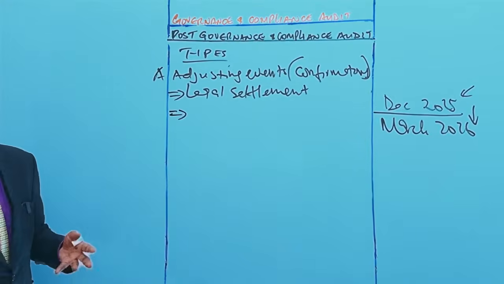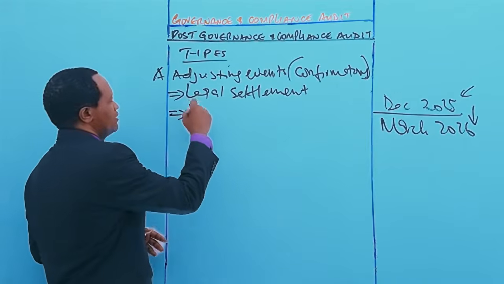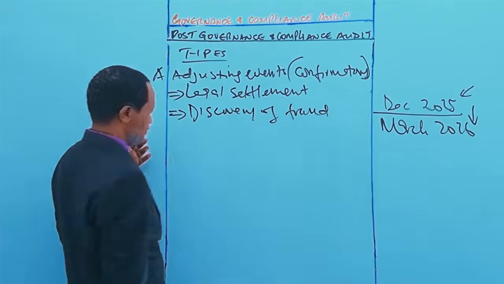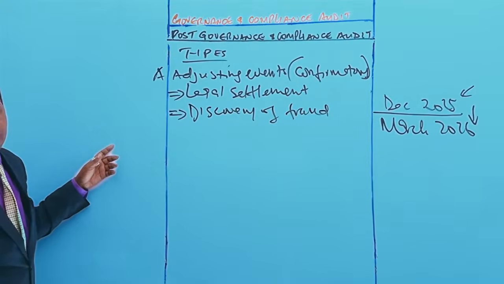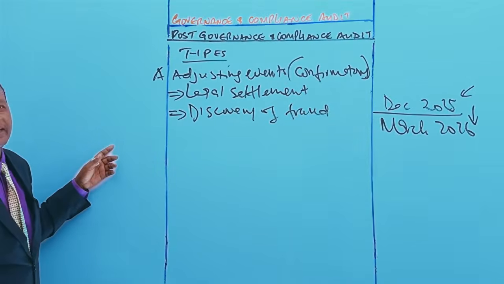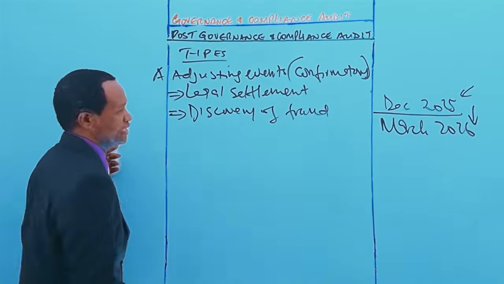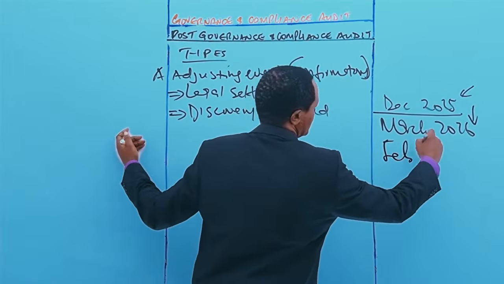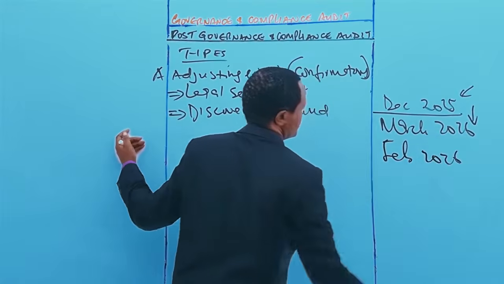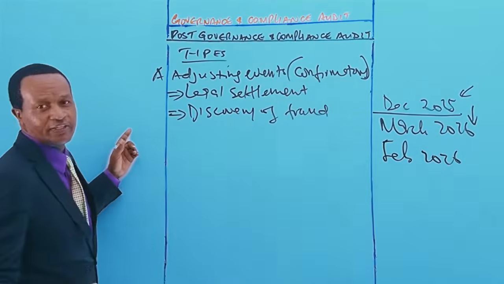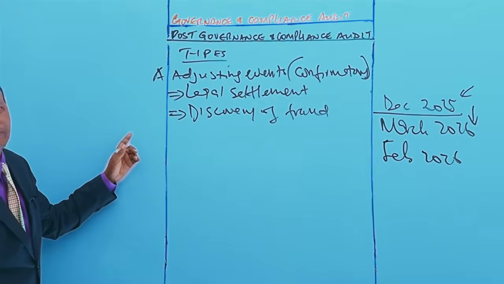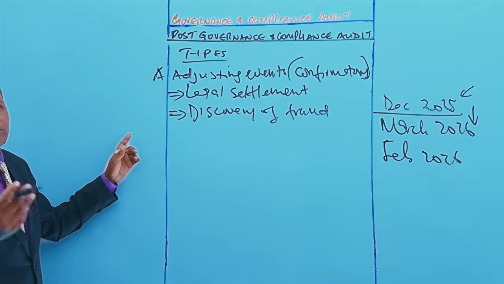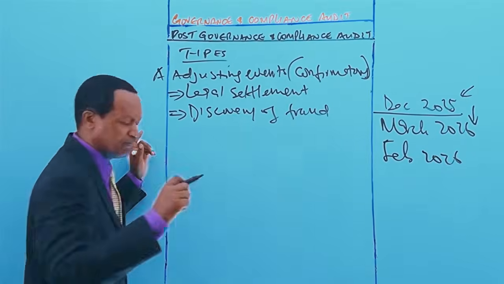Another example of an adjusting event is discovery of fraud. This means finding evidence, say in February 2026, of a kickback scheme.